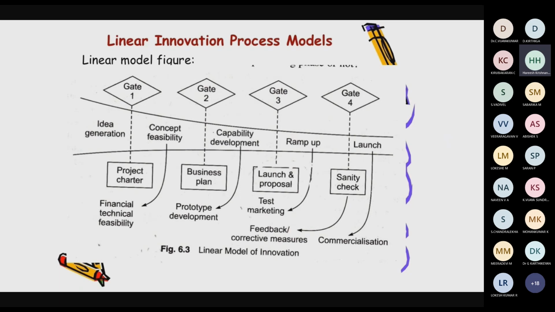In this model, the invention process in enterprises involves a series of sequential phases, arranged in such a manner that the preceding phase must be cleared before moving to the next succeeding phase. We can see gates: gate 1, gate 2, gate 3, gate 4.